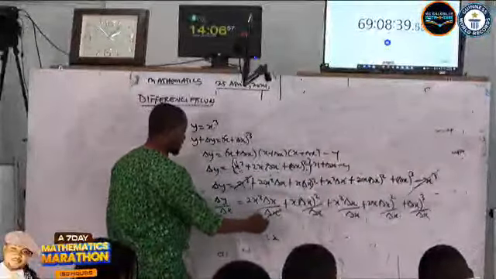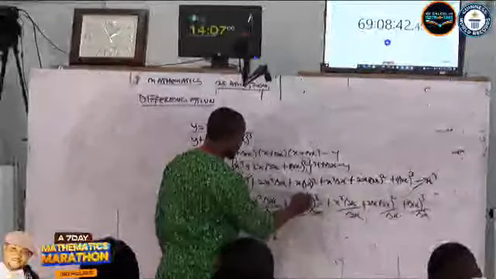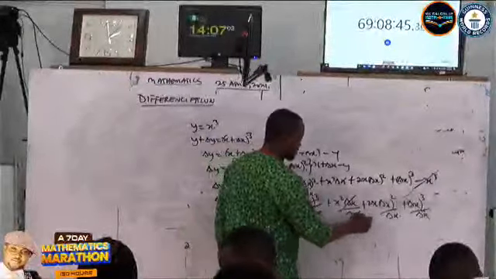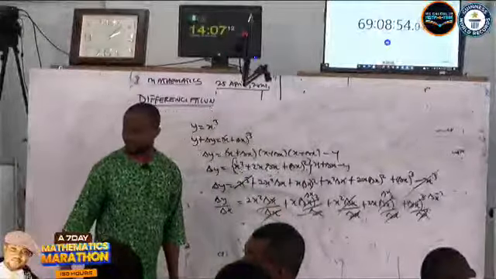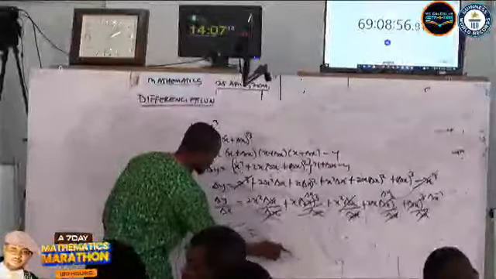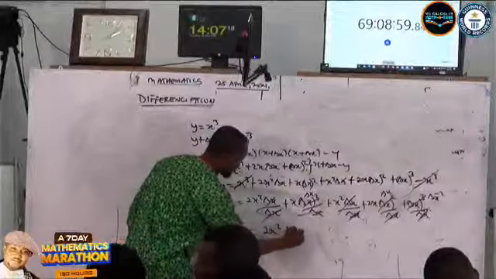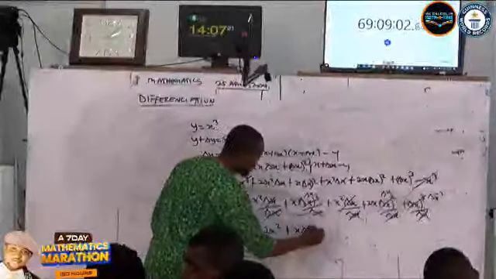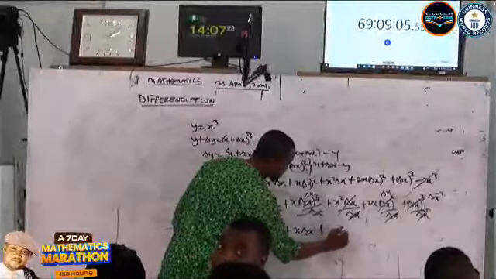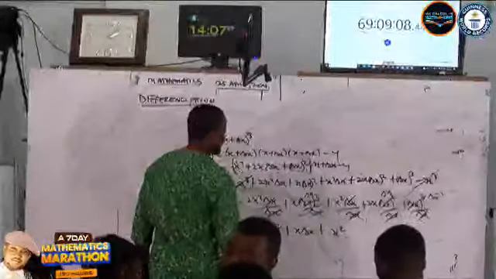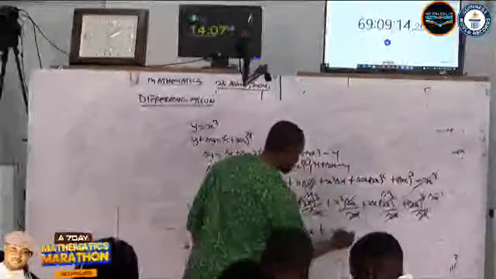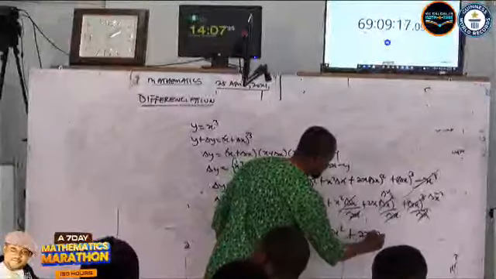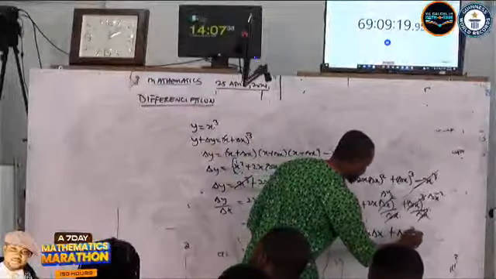So by so doing, this cancels out this. This cancels out this. You have change in x. This cancels out this. What do you have here? Change in x. This was change in x squared. So by so doing, this will now be equal to 2x squared plus x change in x plus x squared plus x squared plus 2x change in x plus change in x squared.